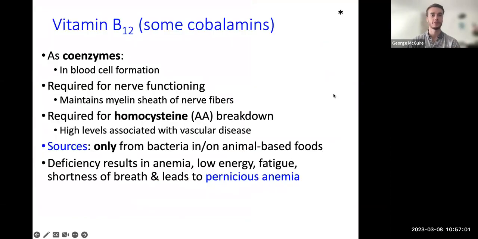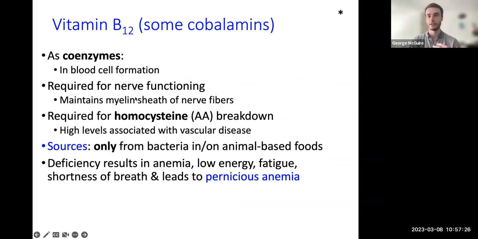So looking more at B12, it has a variety of functions, shows up in multiple different parts of our bodies. So the main role that we're going to be looking at is as a coenzyme in blood cell formation. So the ability to produce red blood cells properly in order for them to function, B12 is going to play a role. Required for nerve functioning. This is what is maintaining the myelin sheath of our nerve fibers.